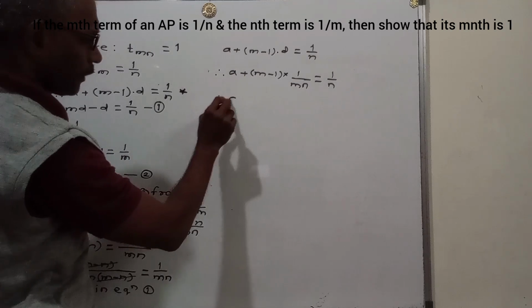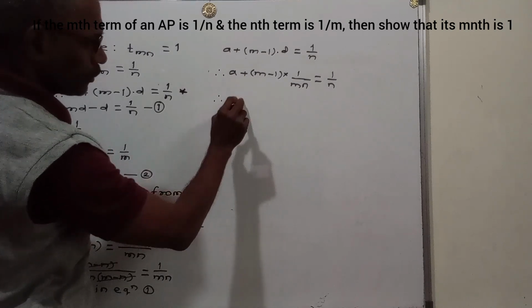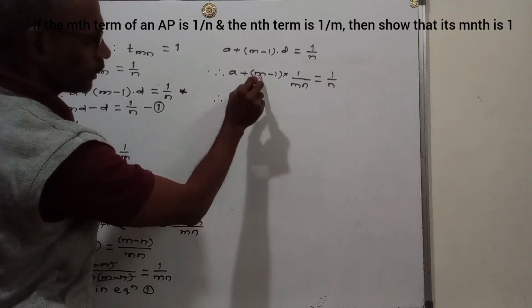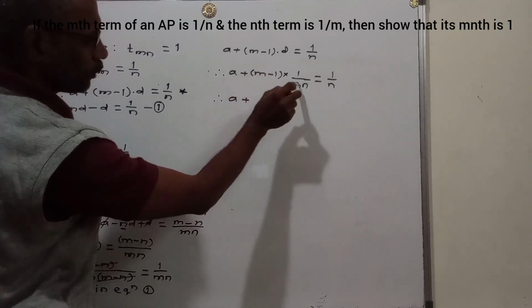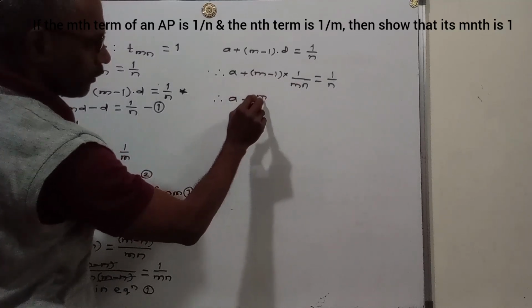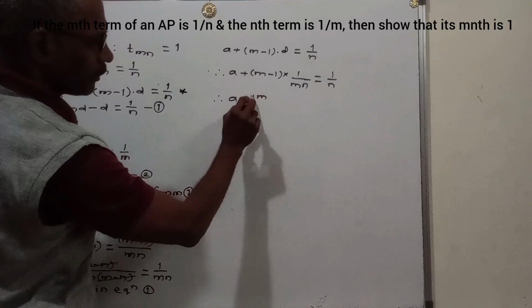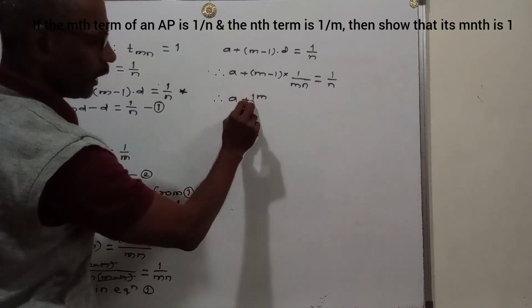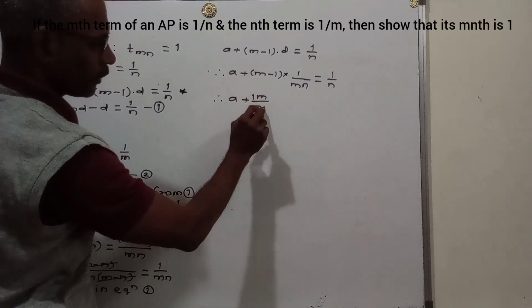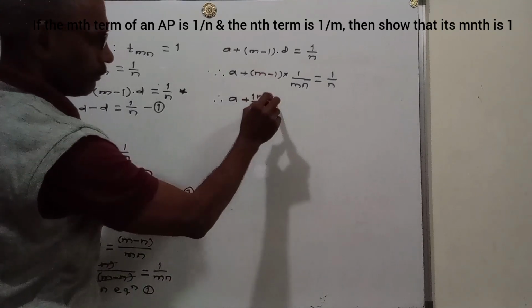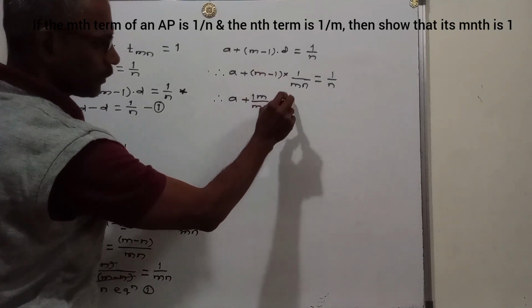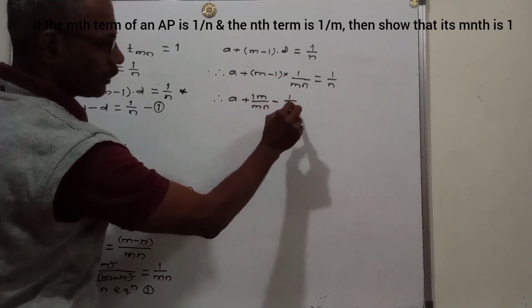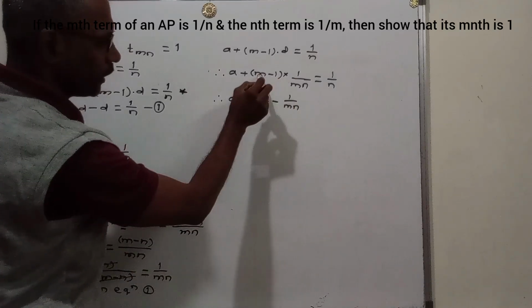Therefore a, we give separate denominators to m and minus 1: m upon mn minus 1 upon mn.